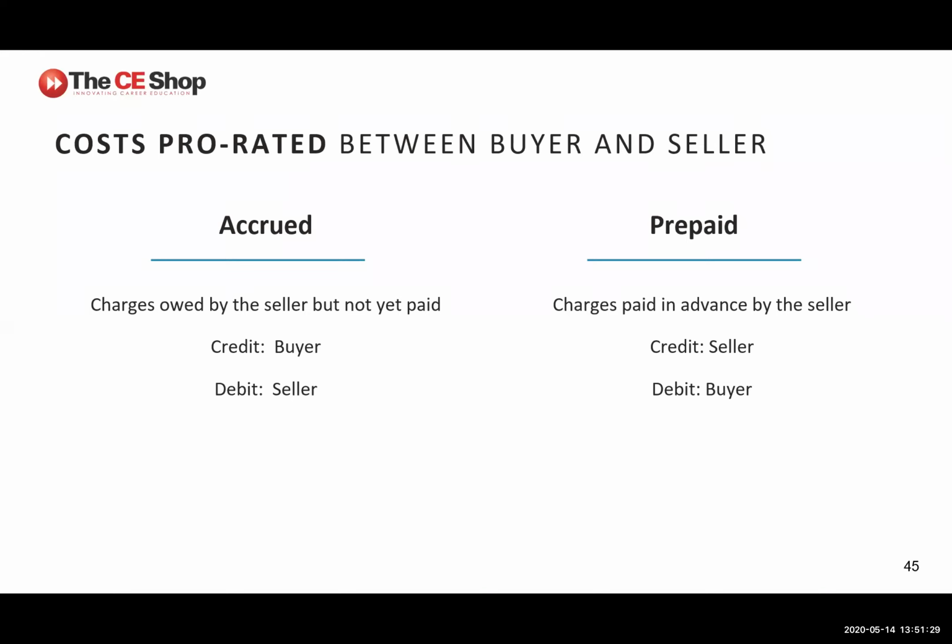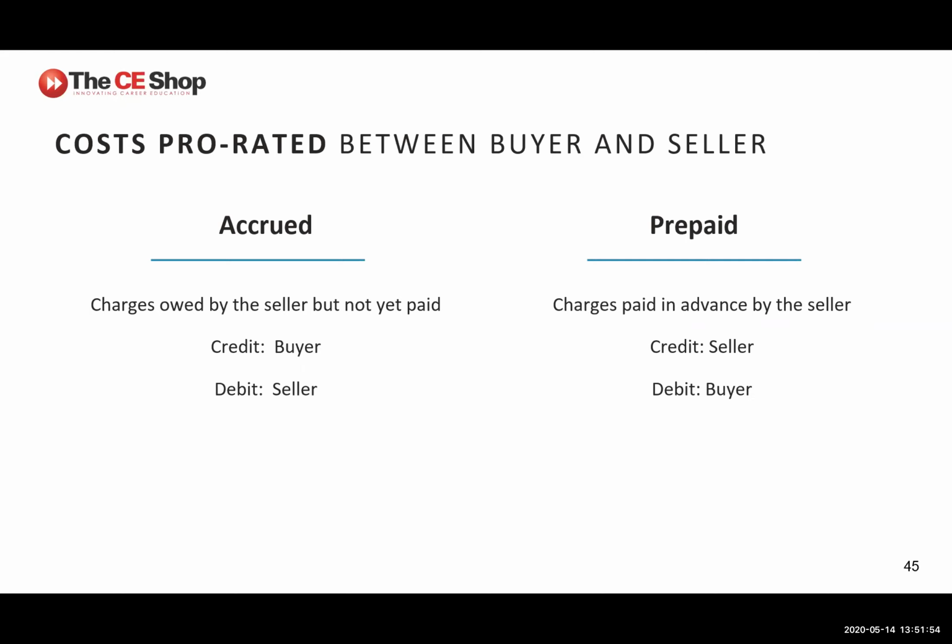So the amount of the taxes would be paid to your buyer, so that when they get the tax bill at the end of the year, in theory, they were paid for that portion. If it's prepaid, that means in January, the seller paid for the whole year, and he's not living in it for the whole year.